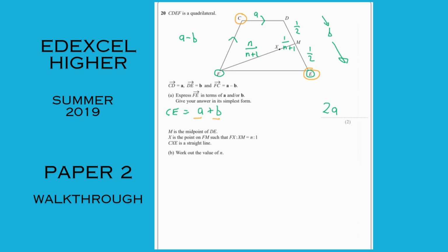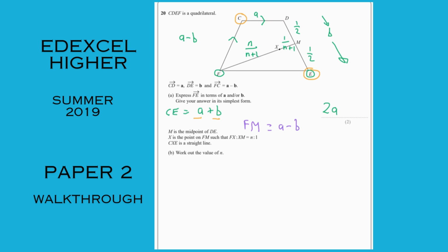Let's move on. So now let's look at how on earth we get from F to M. Because we're going to need F to X or X to M. So we haven't even thought about this line yet. Let's do F to M. We need to go the long way. It's A minus B. We go to C first.